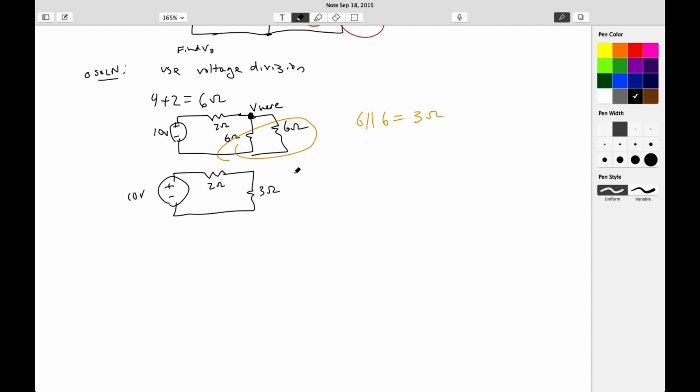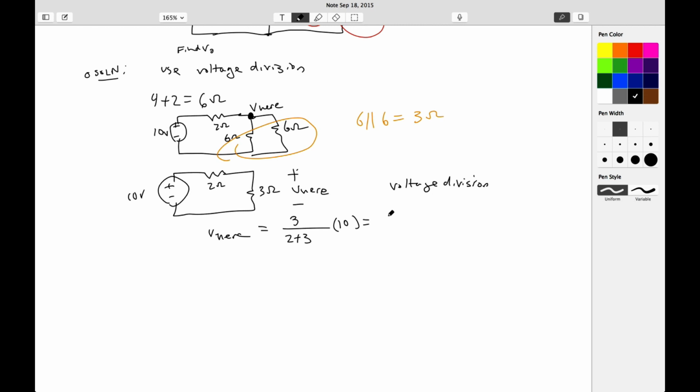And what I'm looking for is V here, which is the voltage across this 3 ohm resistor. So what we can do is use voltage division. V here is going to equal the resistor I want, 3, over the sum of the resistors, 2 plus 3, multiplied by the input voltage, 10.